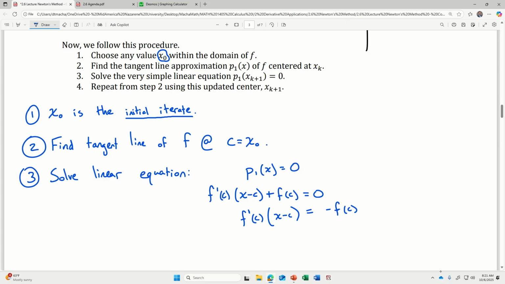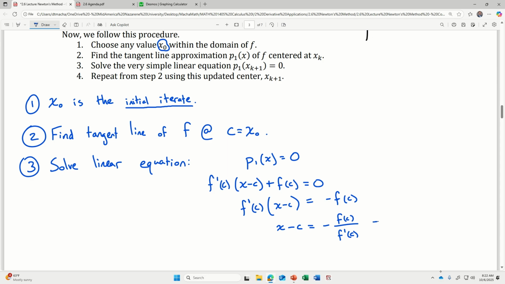And then, if I want to solve for x, let me divide both sides by f prime of c. And then the last thing I need to do, if I want to solve for x, is add c to both sides.